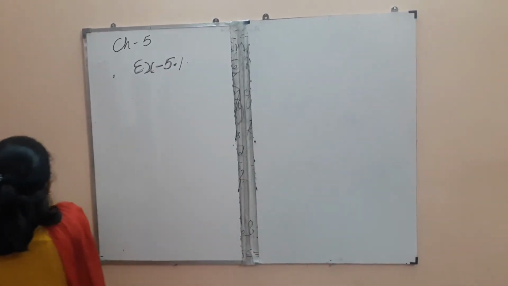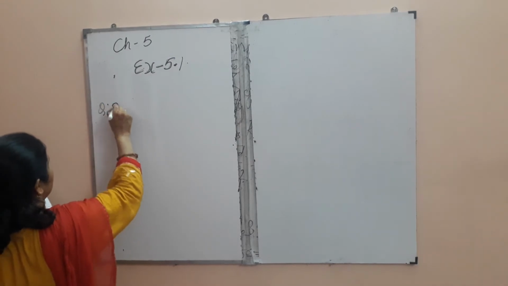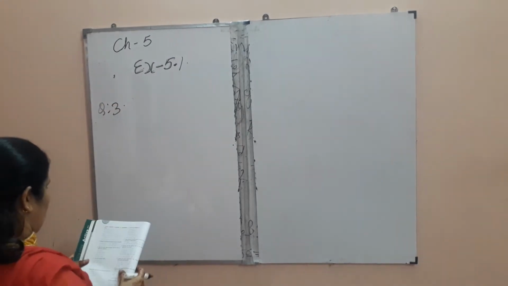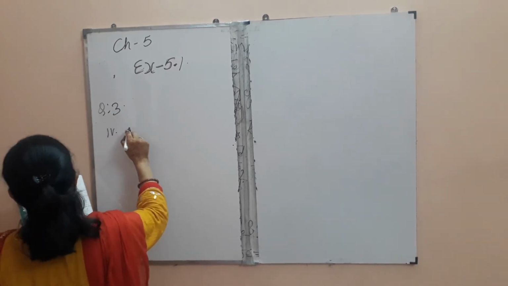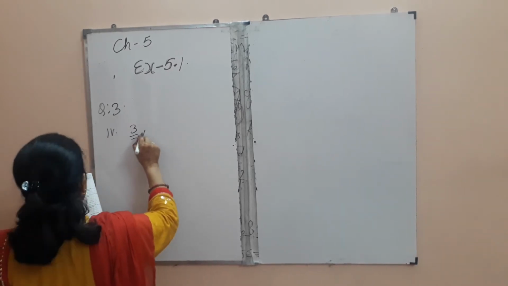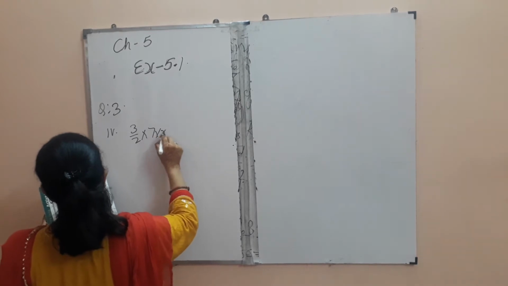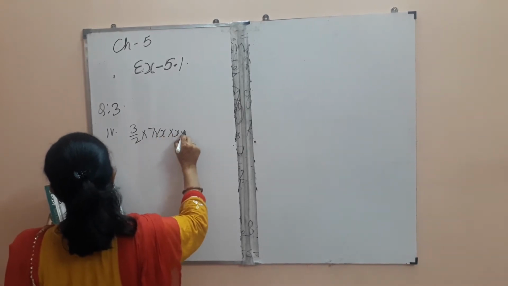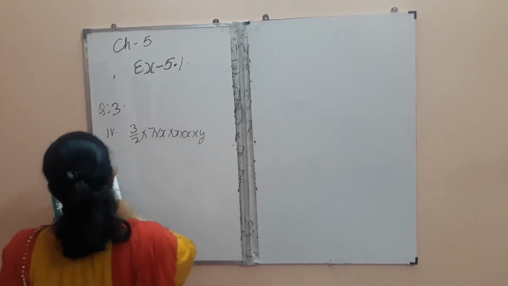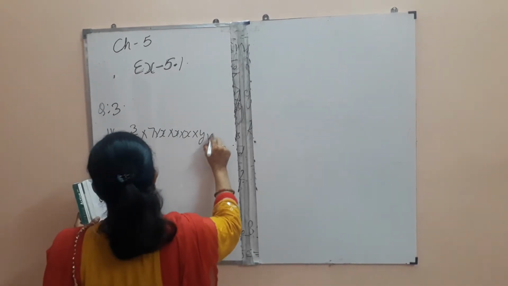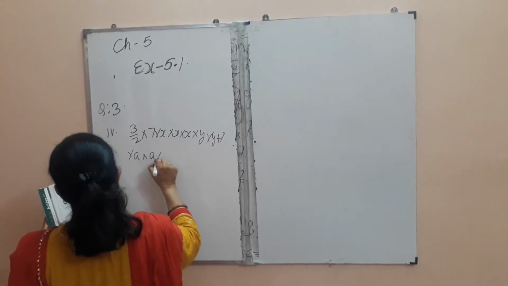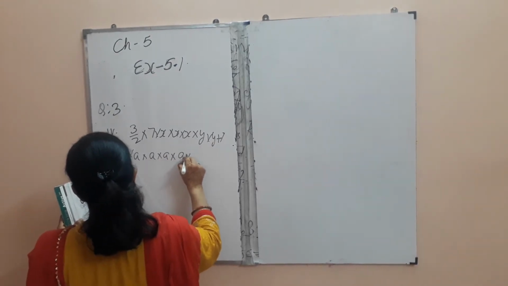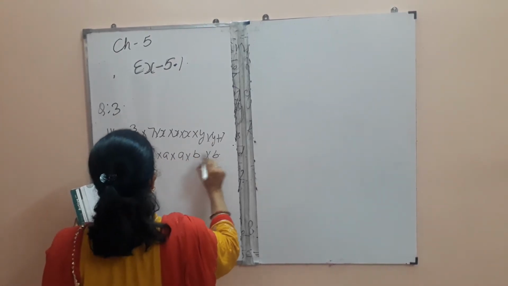Question number 3. I'm doing the fourth part. So it will be 3 by 2 into 7 into x into x into x into y, plus 7 into a into a into a into a into b into b.